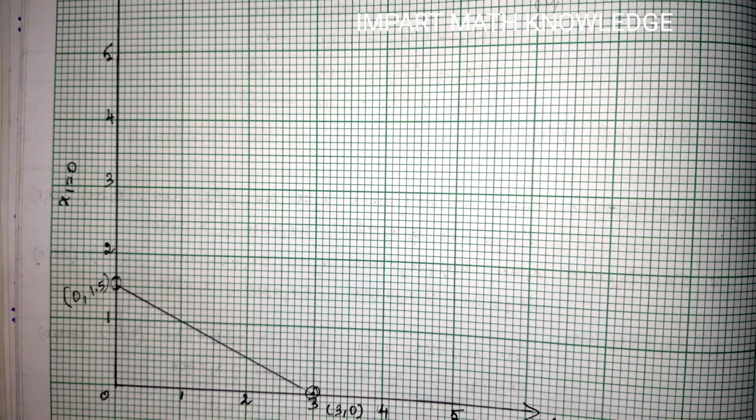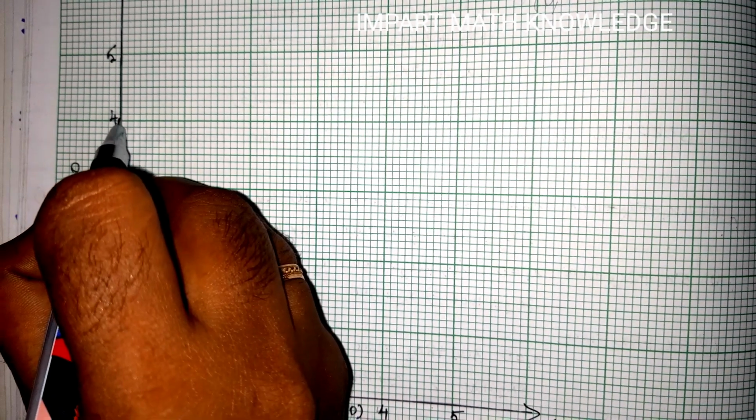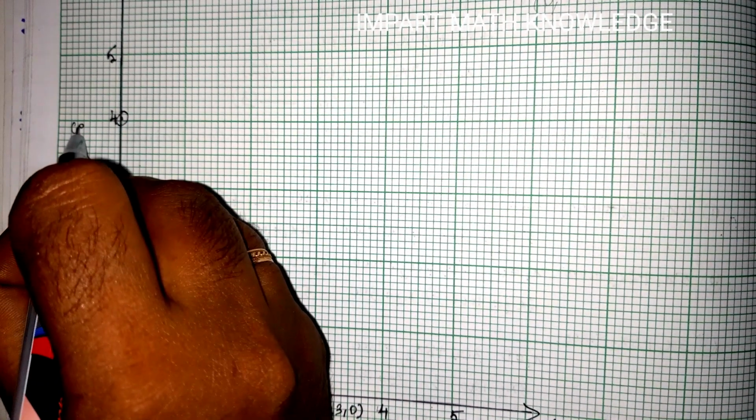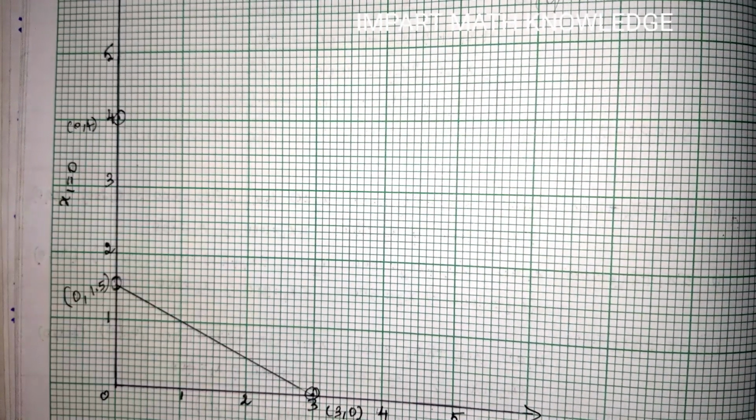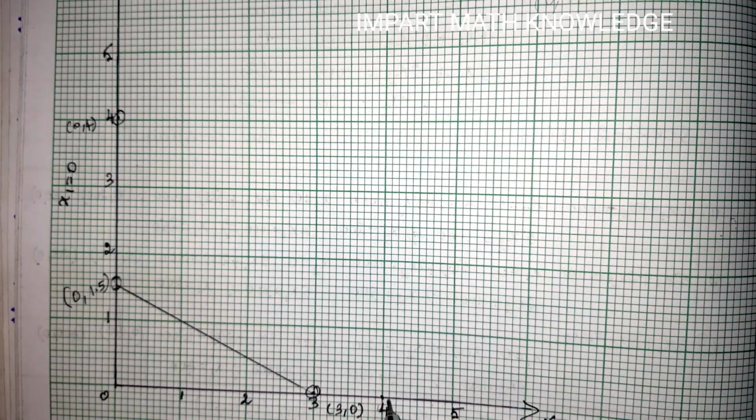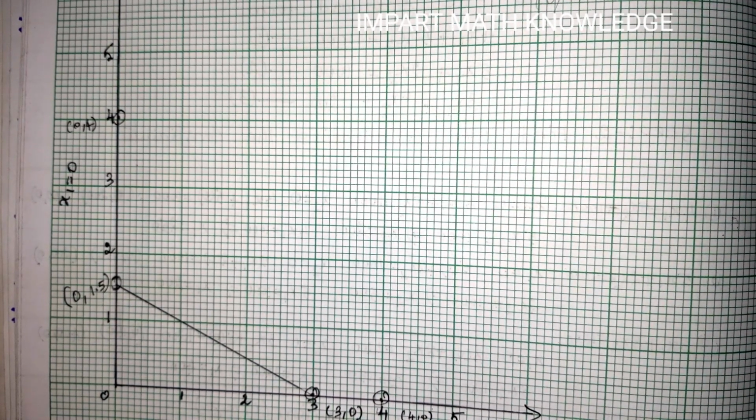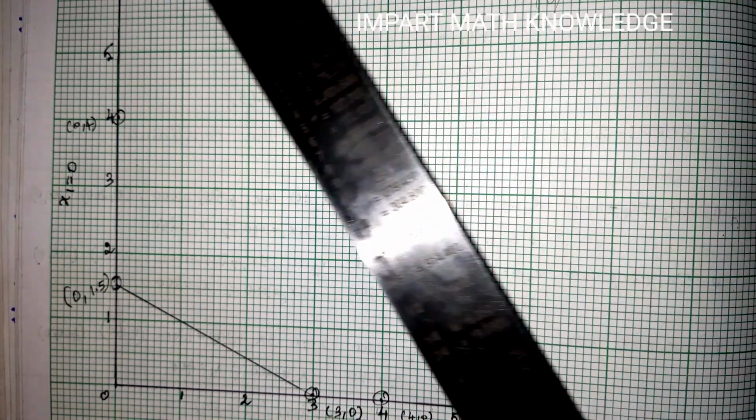For the second constraint, the coordinates are 0, 4 and 4, 0. You mark the point 0, 4, and 4, 0 is here. You connect these 2 points by a straight line.